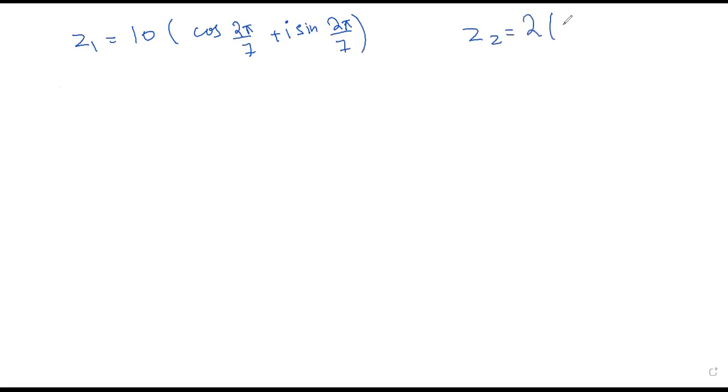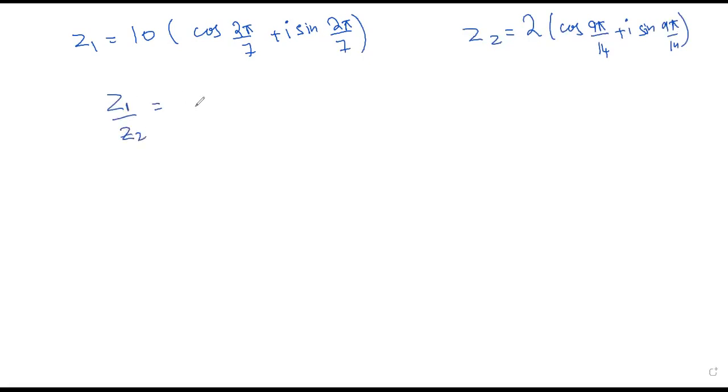Z2 is 2 cos 9 pi by 14 plus iota sine 9 pi by 14. And you need to divide this time, so you have to find Z1 by Z2.